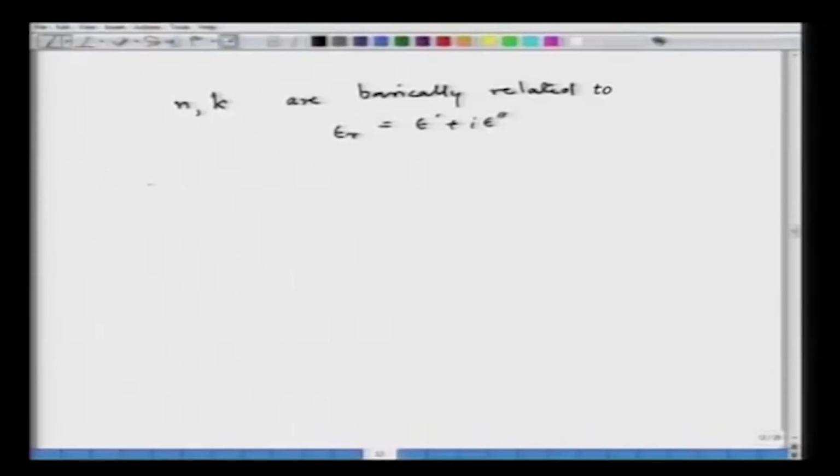The difference basically lies in the fact that when we measure, we do not actually measure the magnitude of the electric field. We do not measure E. What we are measuring is the intensity of light.